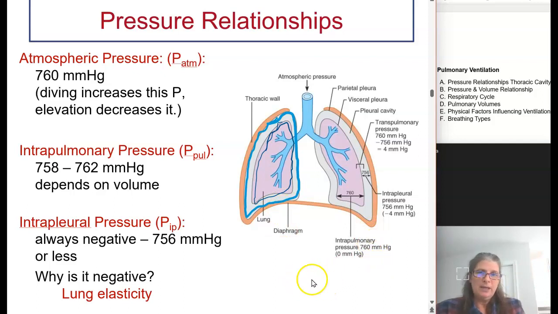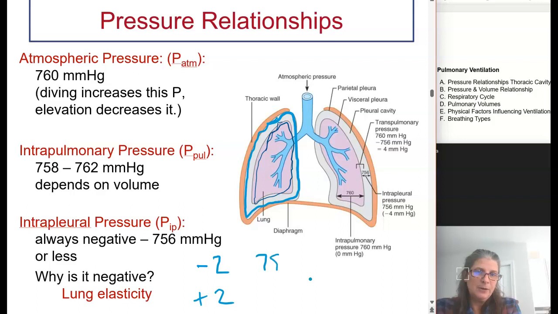Now, a couple things to define here. Whenever you hear me say negative pressure, or if I say -2, or we say +2, that's always in reference to atmospheric pressure. So a -2 literally means 758. You take 2 away. If I say +2, it's 762.